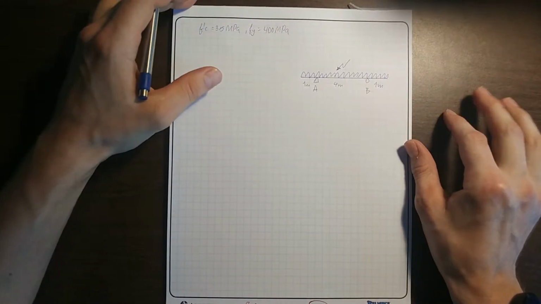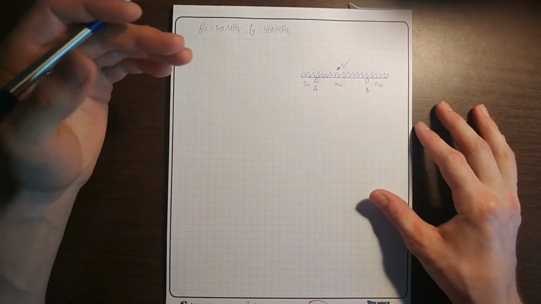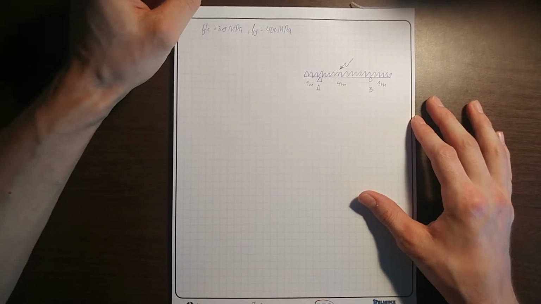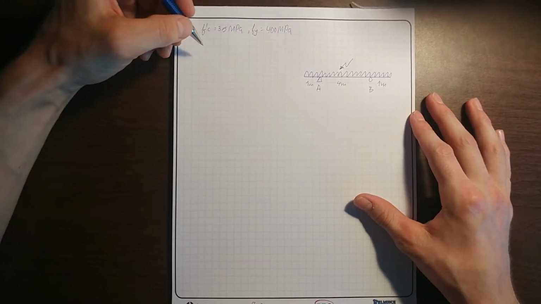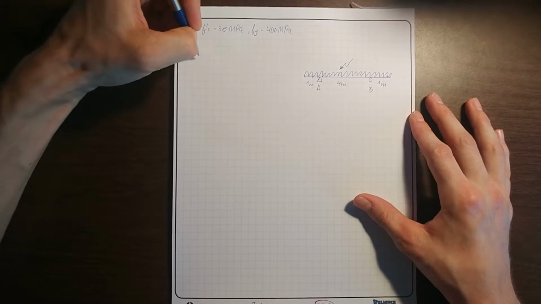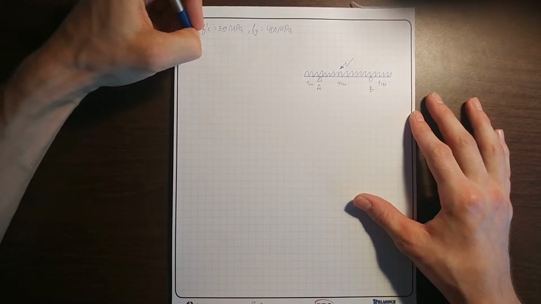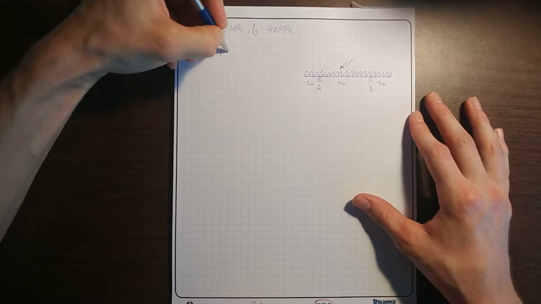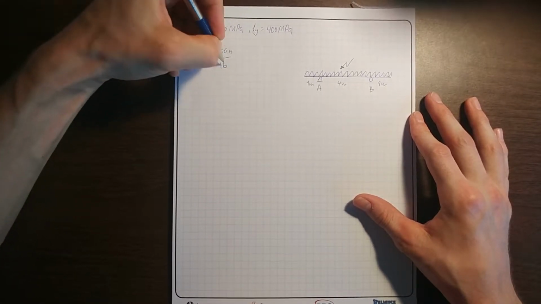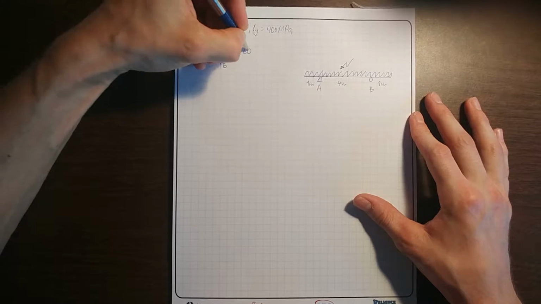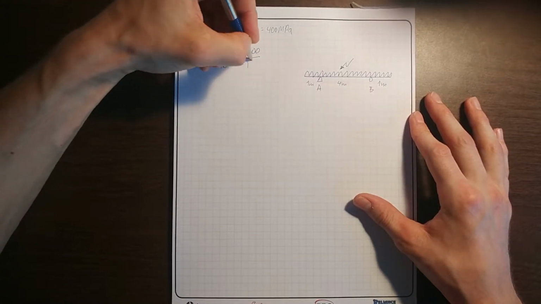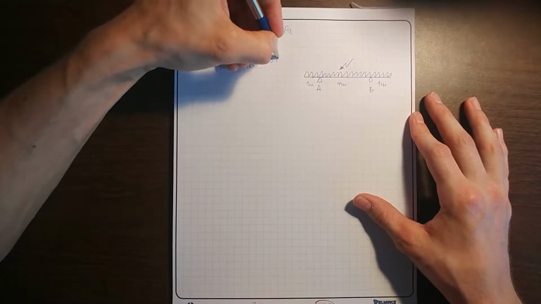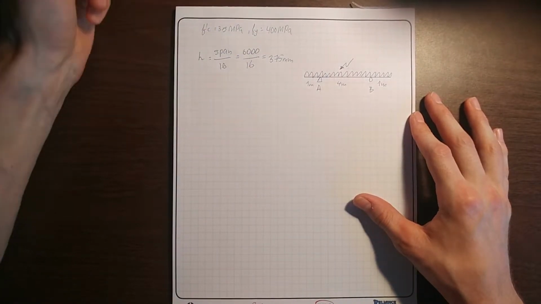So we have to assume a rectangular cross section for the beam, and the easiest way to do it is to assume H would be span over 16. So we have 6,000 over 16, and we get 375 millimeters.